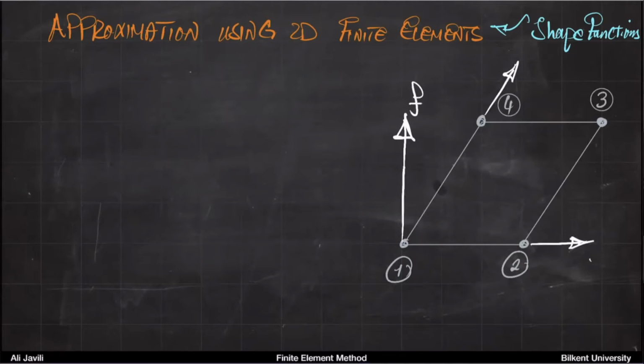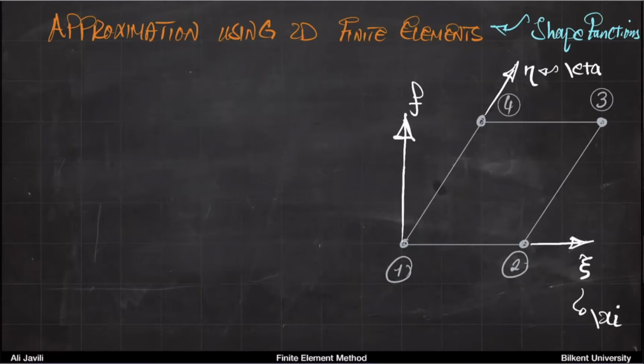You can think of it as x, y, z, but don't do that. For now, let's just think of it as xi and eta instead of x and y, and then f is the value. So this is xi and this is eta.